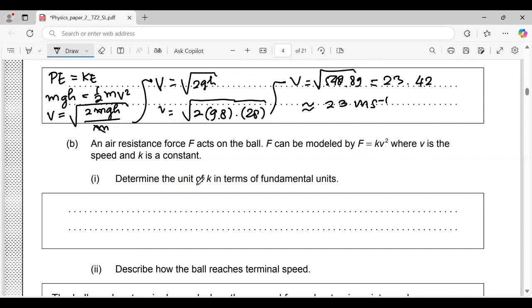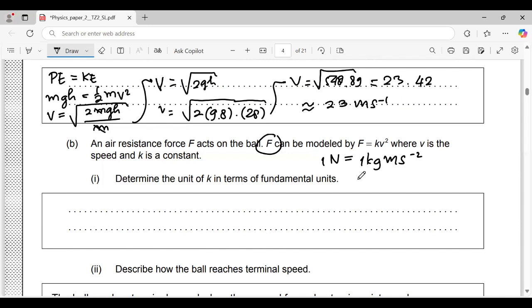Determine the unit of k in terms of fundamental units. 1 Newton equals 1 kilogram meter per second squared. Force has unit Newton. That is the unit of force.